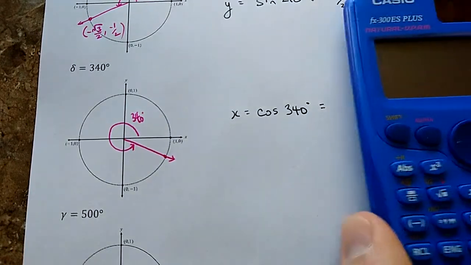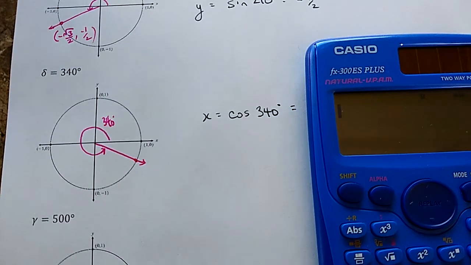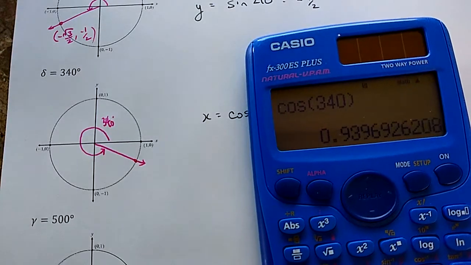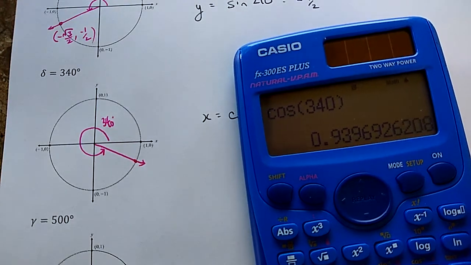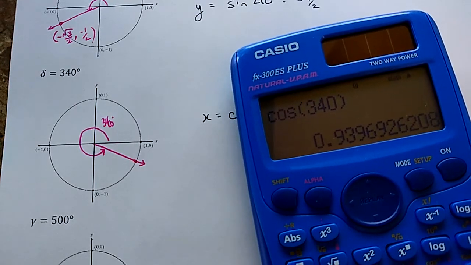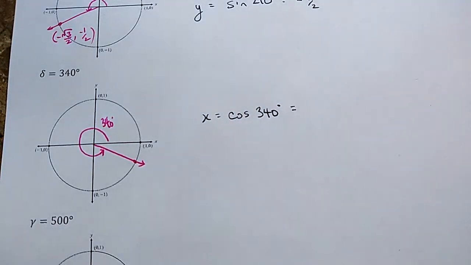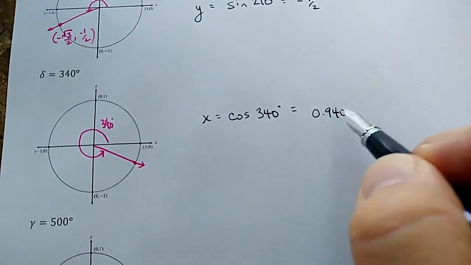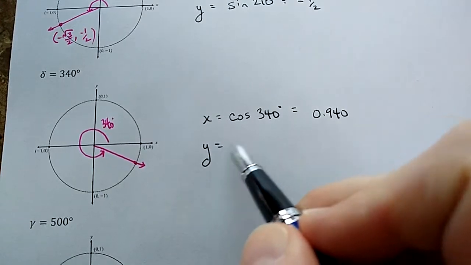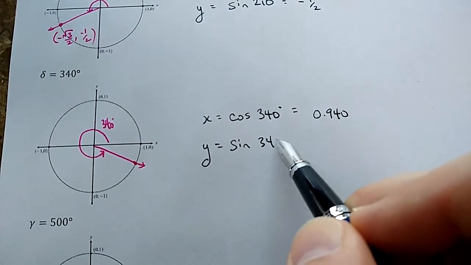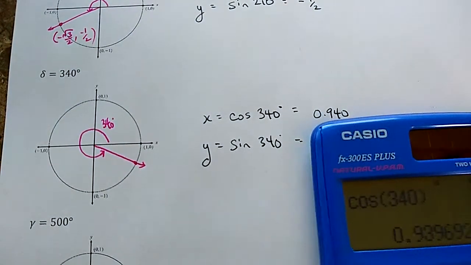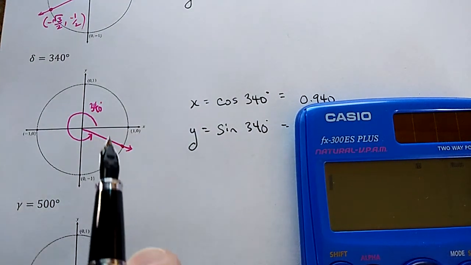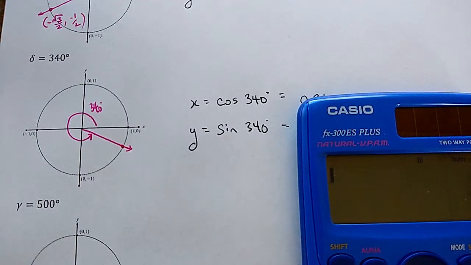So if I do cosine of 340, I'm expecting a positive value. Okay, we didn't get a nice square rooty thing, but we've got about 0.940. It's a positive number. And the y value, sine of 340 degrees. Now this one should be negative since we're in the fourth quadrant, which is below the x-axis.